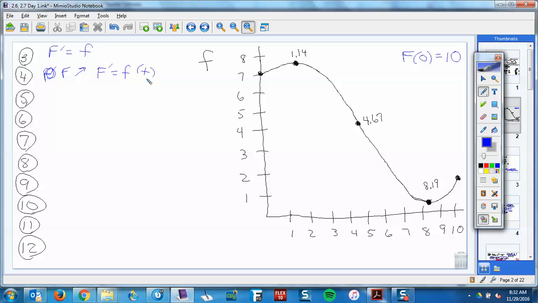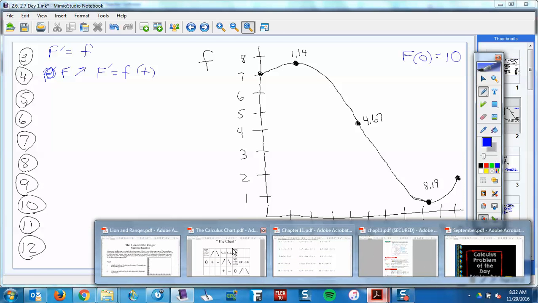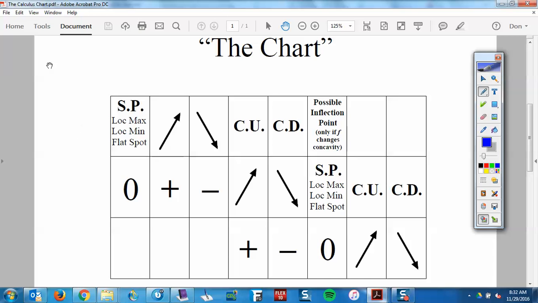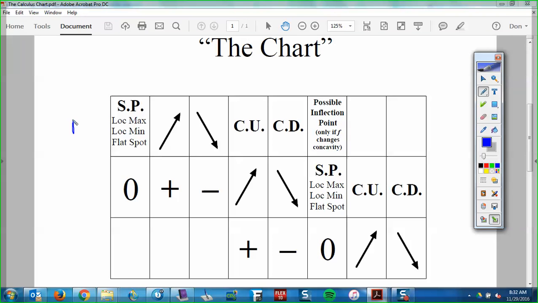Okay, number 5. Where does big F have points of inflection? If we go to the chart, if this is big F up here, big F has points of inflection when we switch these columns. Now remember, this is little f right here.